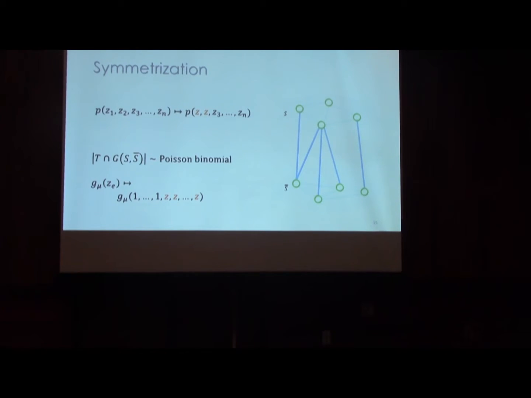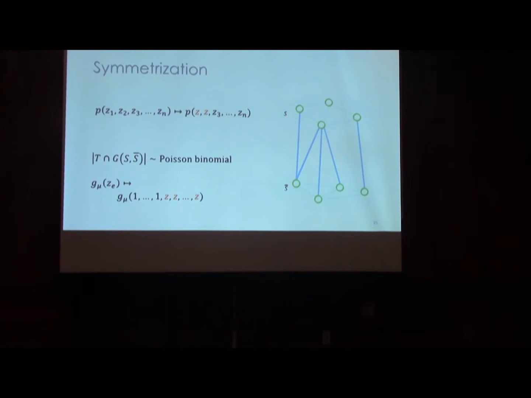You end up with a univariate polynomial, right? This univariate polynomial, by the facts that we have already seen, is going to be the generating polynomial of a Poisson binomial. So this in particular proves that the number of edges that a tree has in a cut is going to be a sum of Bernoulli random variables. That's a very non-obvious fact, and using this machinery you can derive it in 2 lines.